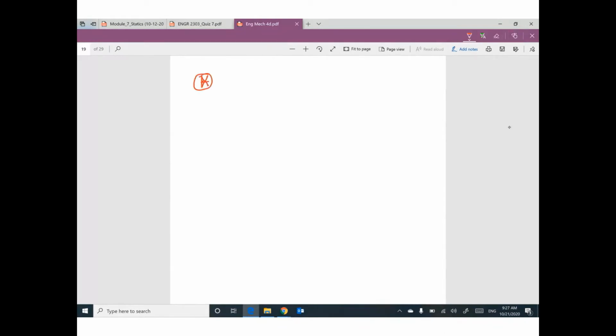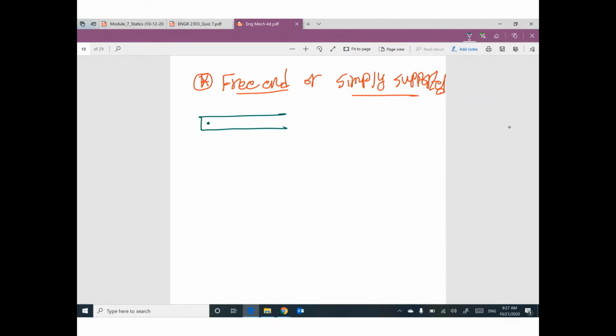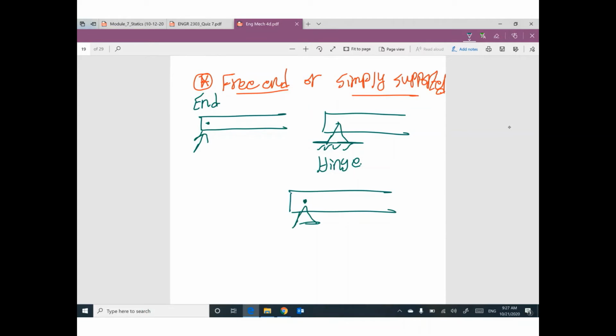First one, free end or simply supported. Free end means we have a beam without any support at this end, or this end is supported by a hinge or a roller. We don't have any moment, so the moment at this location will be 0.